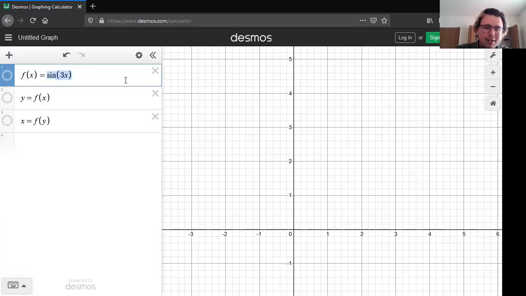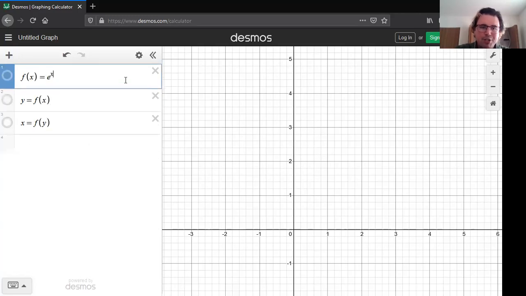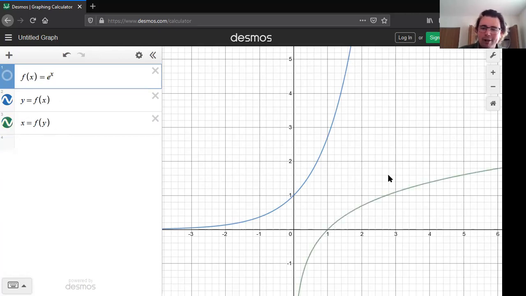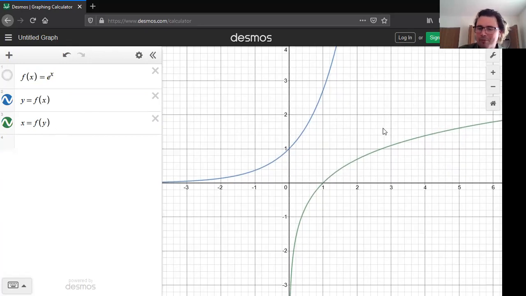So here is the graph of the function e to the x in blue. And to graph its inverse, I'm just going to write, instead of y equals f of x, x equals f of y. And there it is in green.